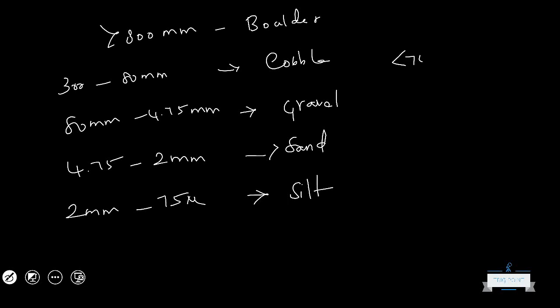Less than 75 micron is called clay. This is also written as 0.075 mm.